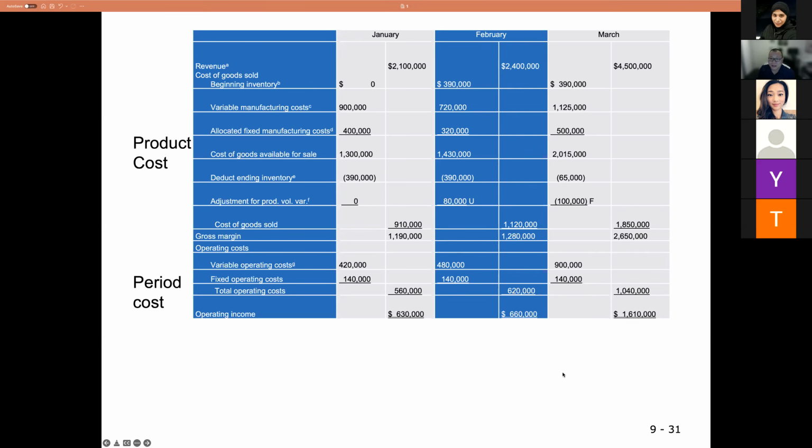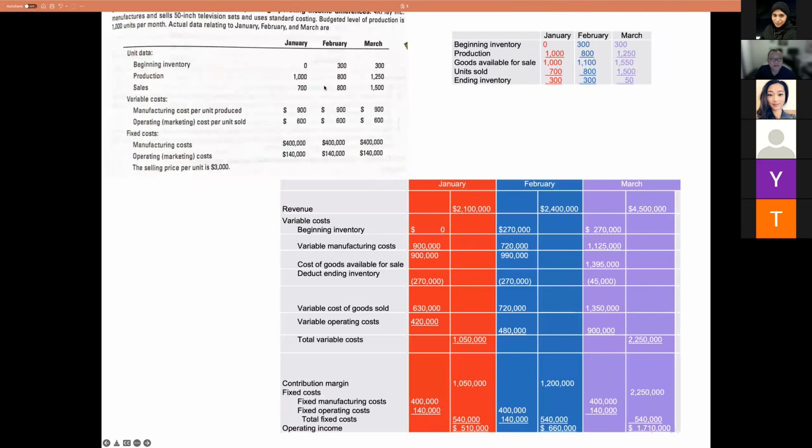For February and March, all the calculations are similar, except for the adjustment for production volume. For February, the production volume is 800 and the budget is 1,000. You only produce 800, so that's not a good variance.